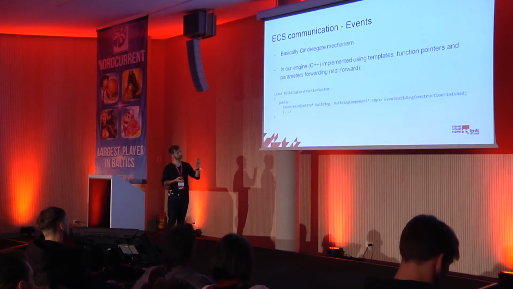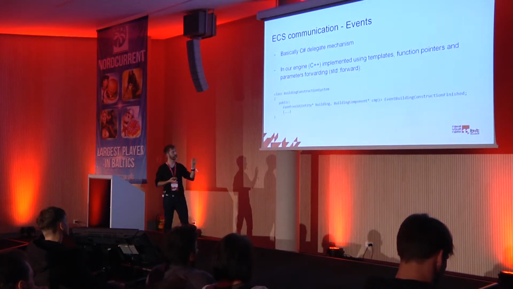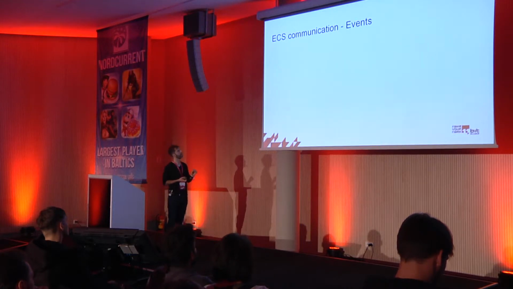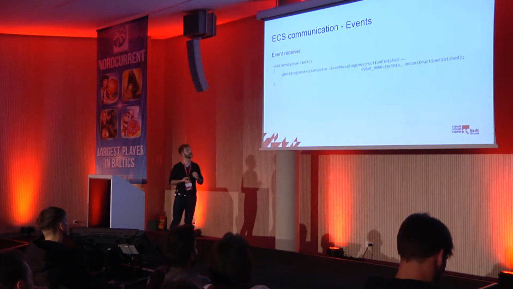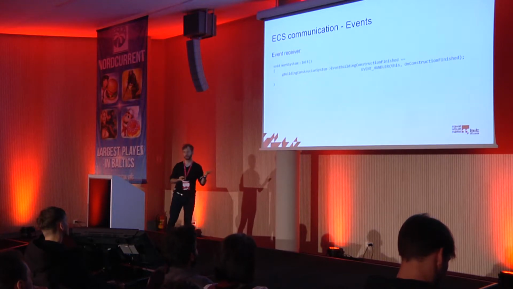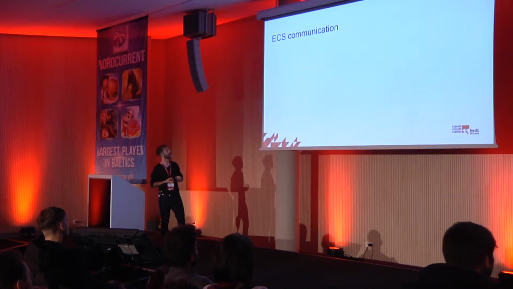We can declare an event in one kind of system, explicitly declaring the parameters, in this case a building component, and then we can receive it on the other side, for instance in the work system, by declaring that I'm interested in receiving those kinds of events. We just wrote a function that would react to the construction finished event, and we did some things with it.